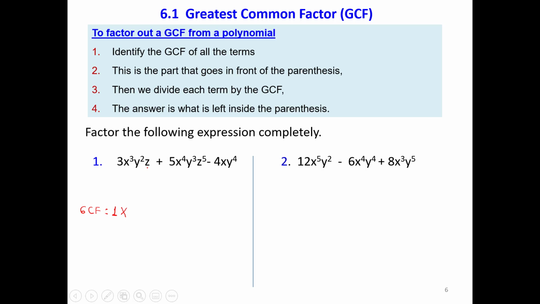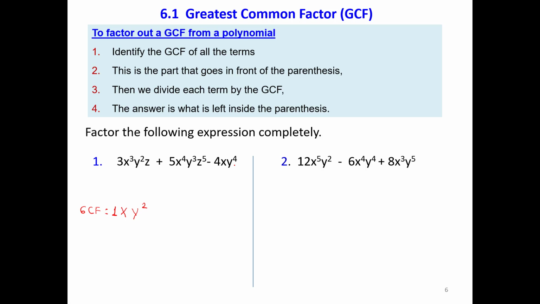Now let's check y. y to the second, y to the third, y to the fourth. Then y is a common variable. We need to write y here, and 2 is the lower exponent. Now we need to check the last variable, z. z is here, but it's not here. It's not a common variable.